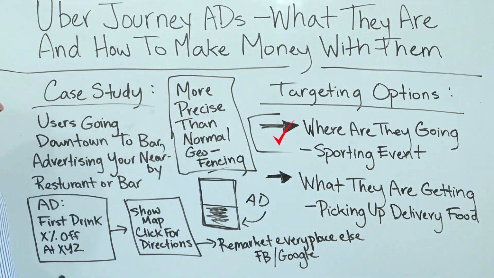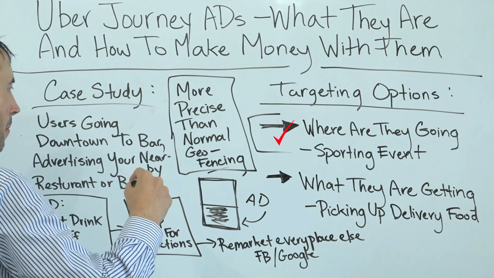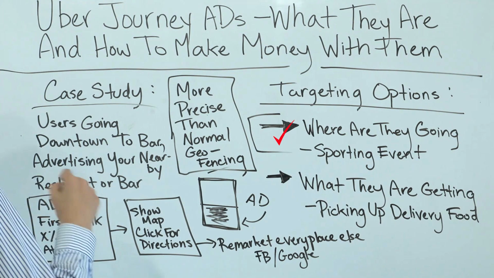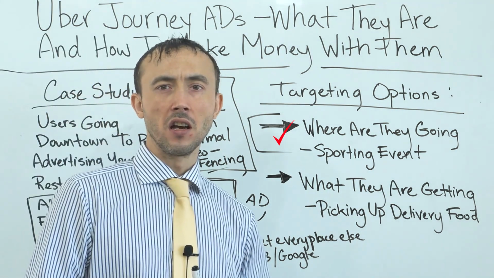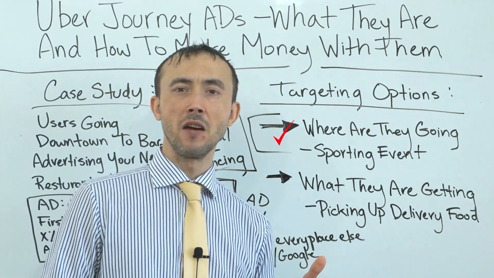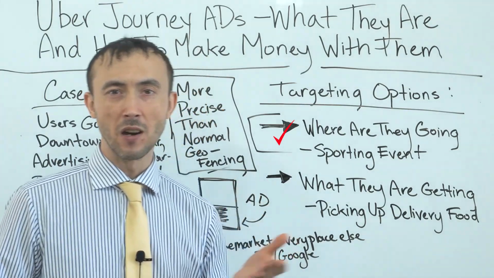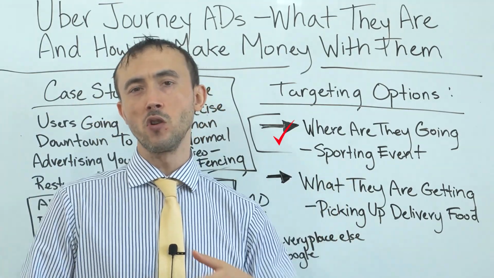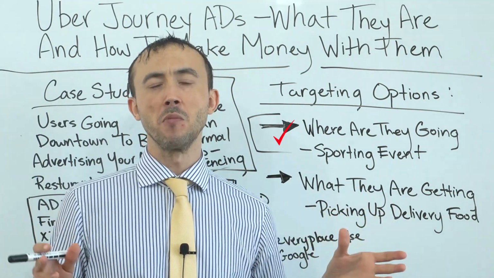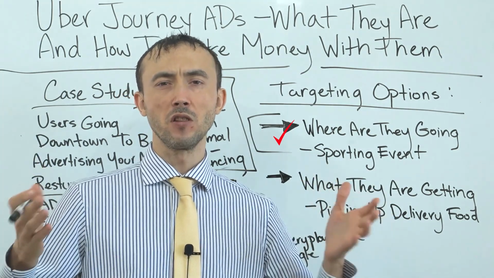So with that said, going into the case study that we ran, the client that we used this for, we actually had an exotic dance club, strip club, whatever you want to say, as a client before. And by the way, what you always want to do as far as targeting goes: you can try to target people on a Friday night on Facebook and try to get them to come into your club, but this is obviously very untargeted.